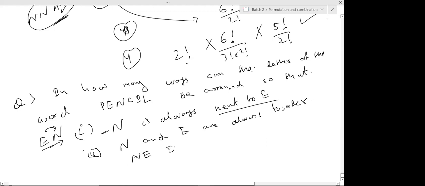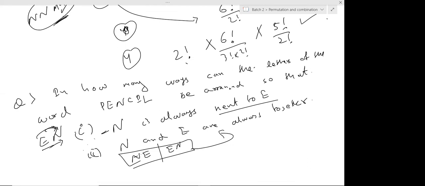This can be NE or EN. It doesn't matter. We can count them in second part. But in the first part, N should come next to E, right? Just after E. So solve this.